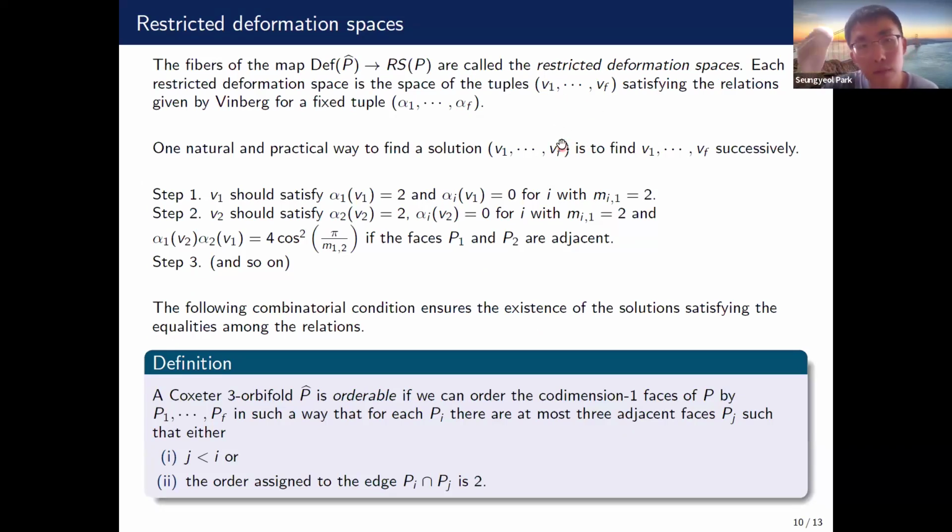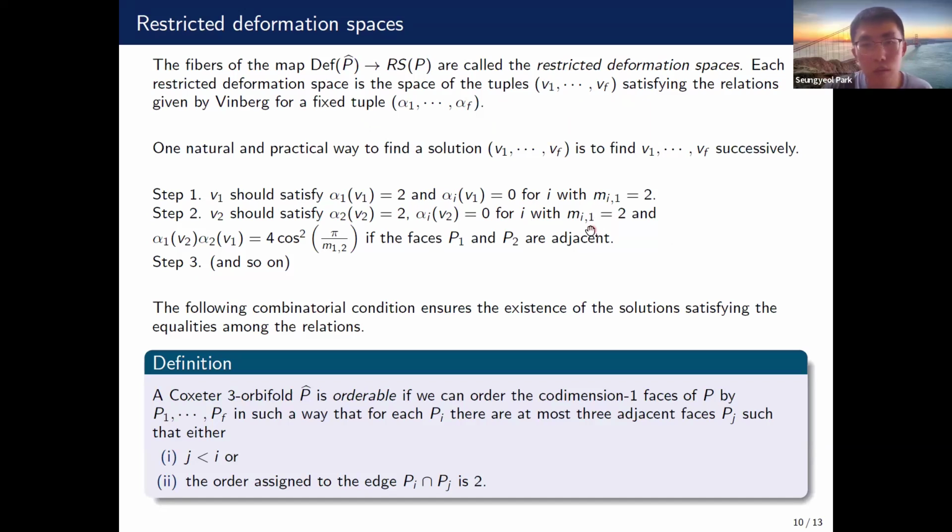In our terminology, in our description of this deformation space as a space of configurations of alphas and b's, each fiber is the space of all the configurations of eigenvectors with a fixed convex polytope.